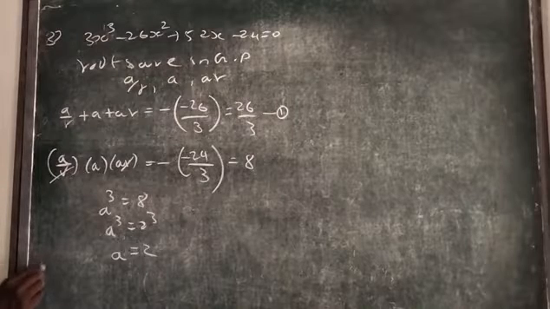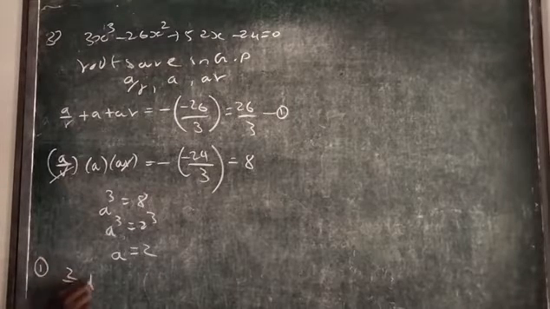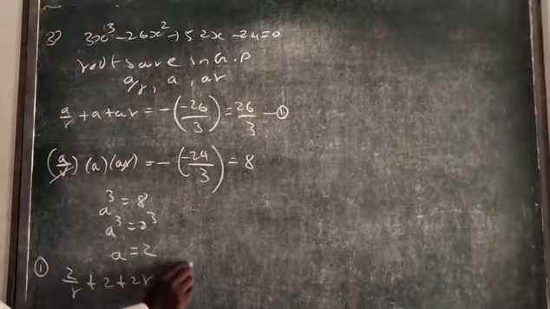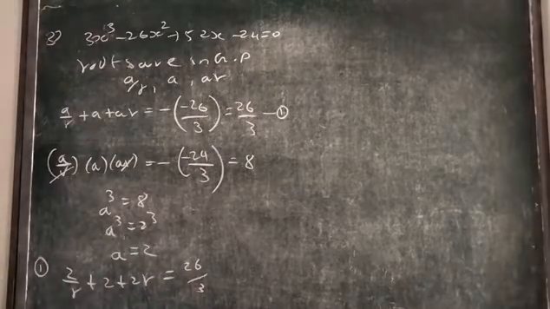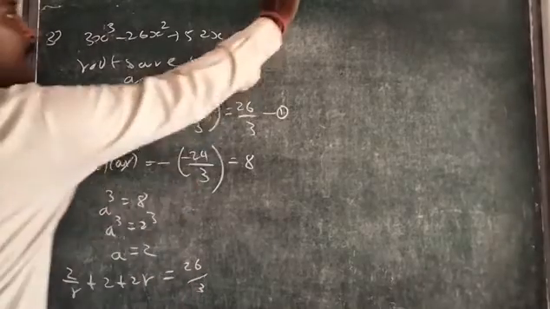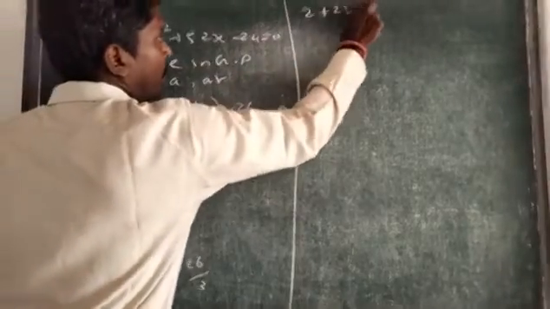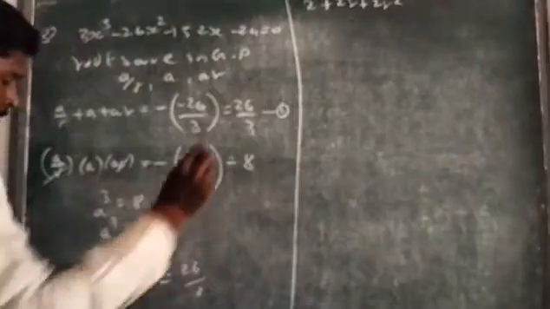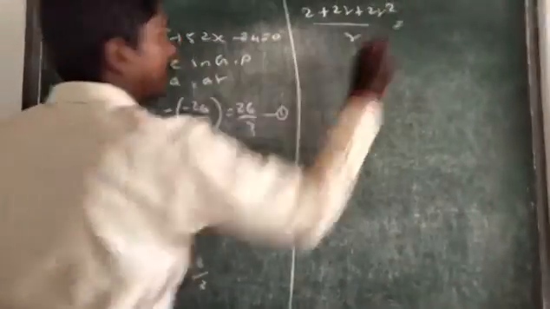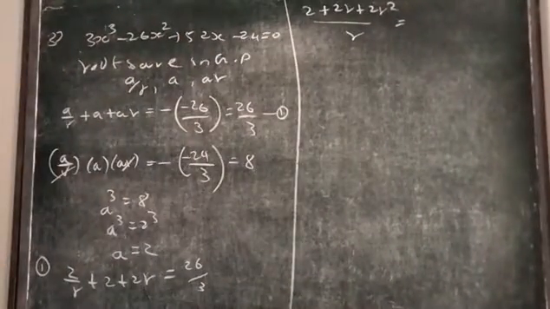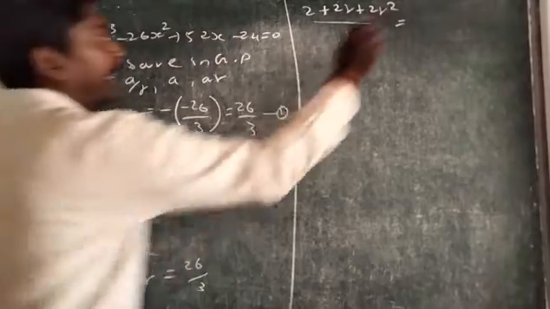From equation 1, 2 by r plus 2 plus 2r equal to 26 by 3. Then cross multiply with r: 2 plus 2r plus 2r square by r equal to 26 by 3.